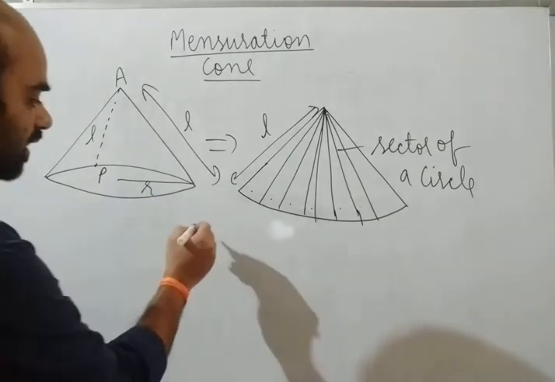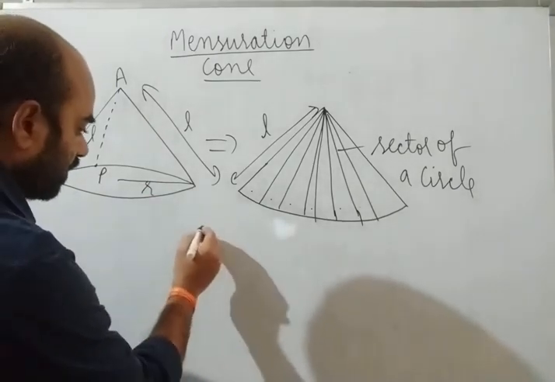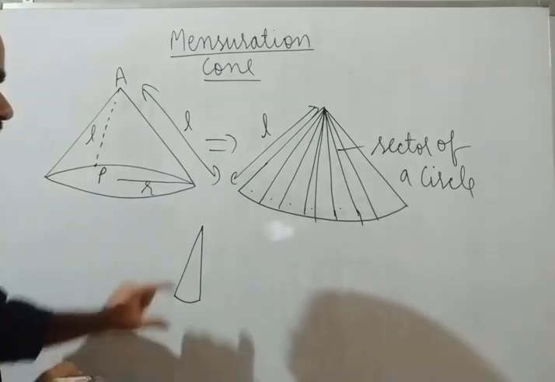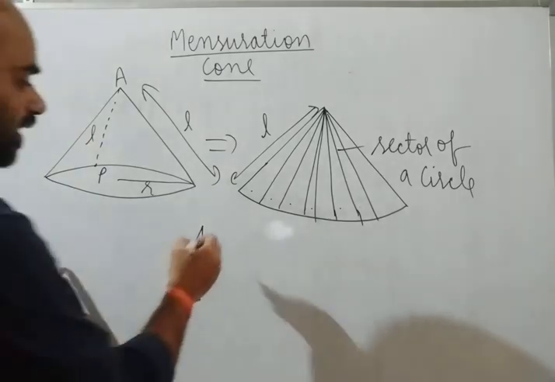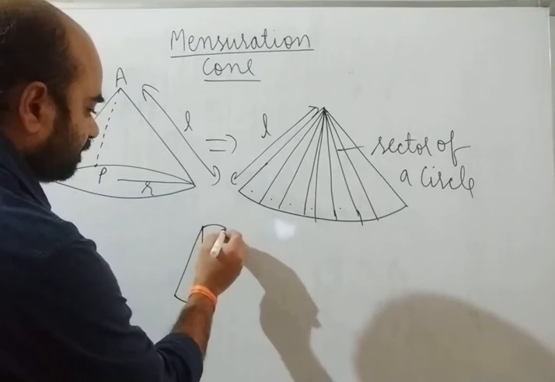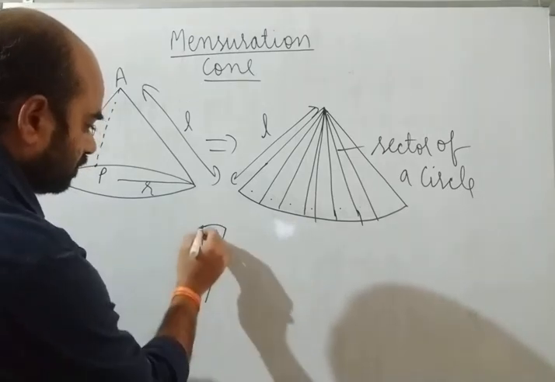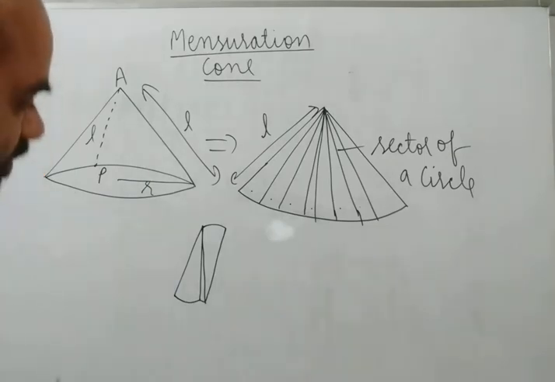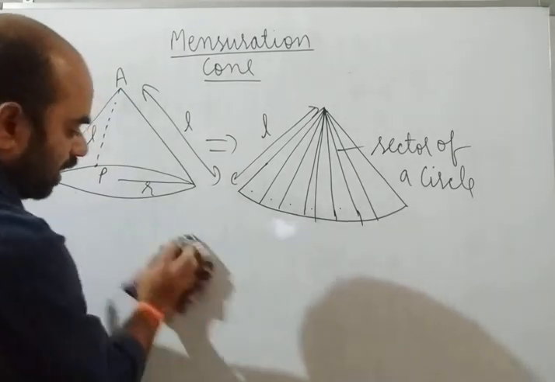See, first we are taking this part, one part, correct? I have put this. Now the next part will be in the opposite direction, that is this, correct? The next part will be in the opposite direction.